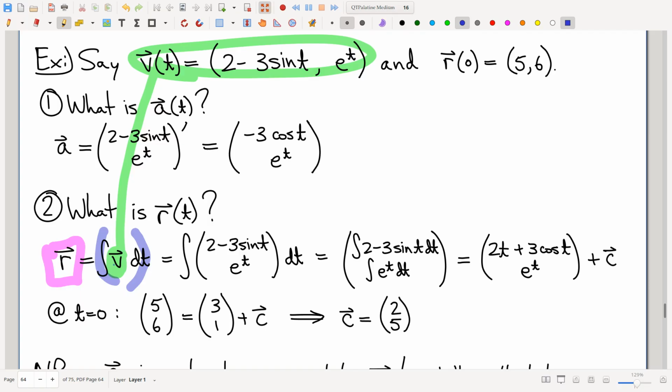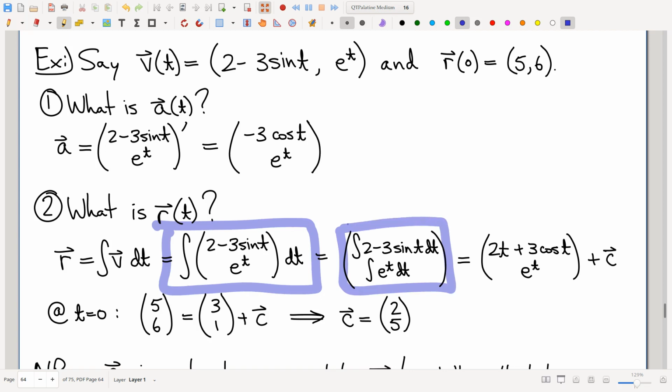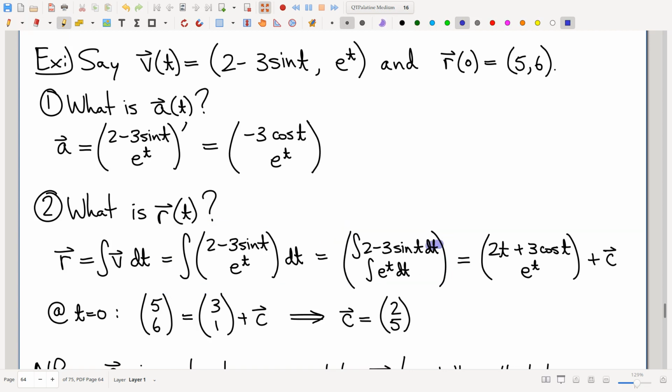Okay. So then how do we take an antiderivative? Well, we do it one coordinate at a time. Ancient history, antiderivatives. By the way, make sure you're good with all the anti-differentiation rules: integration by parts, substitutions, all the stuff.